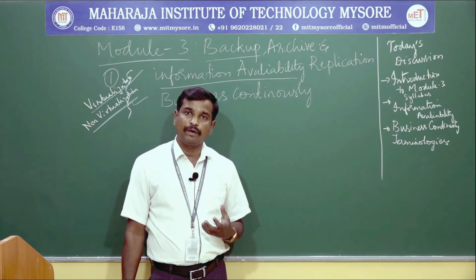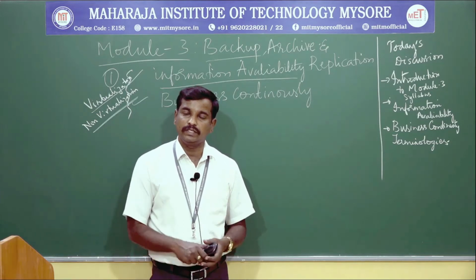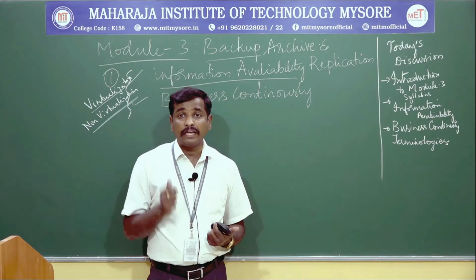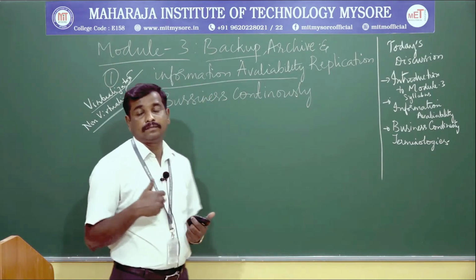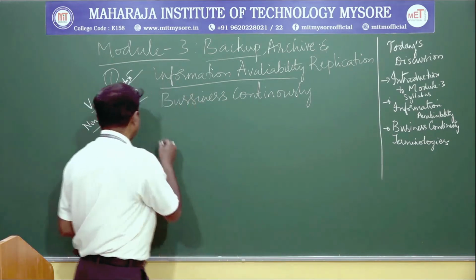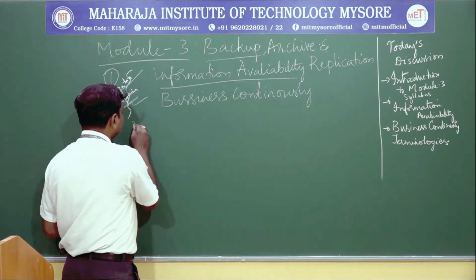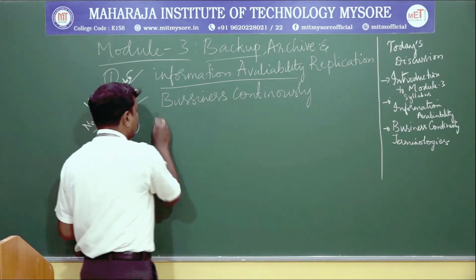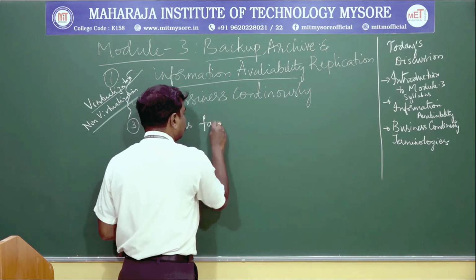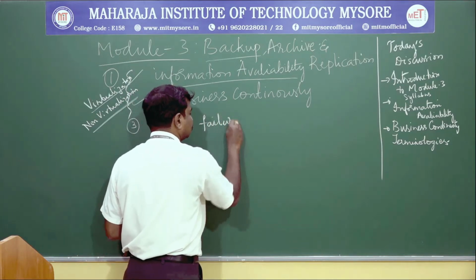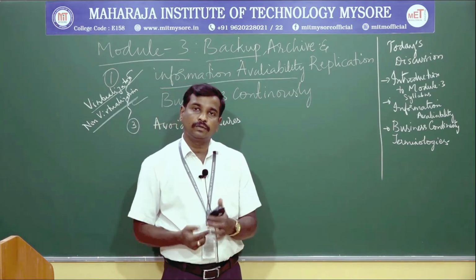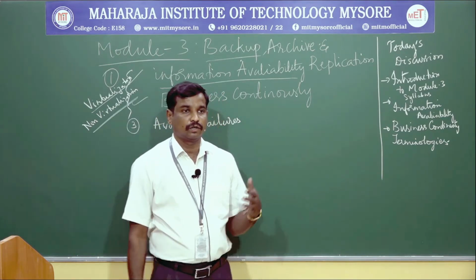These operations are for avoiding failures in the architecture of storage area networks. The third point is to avoid faults, that is, avoid failures in the data centers when accessing information.